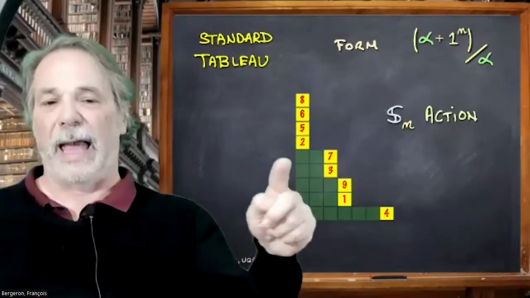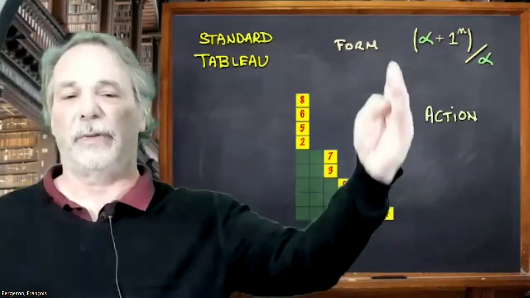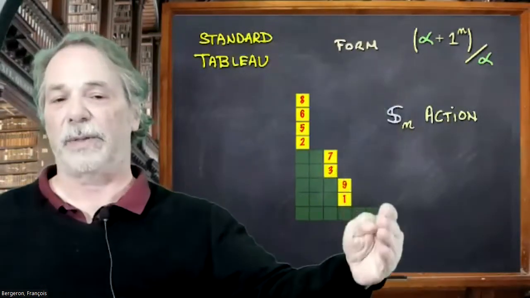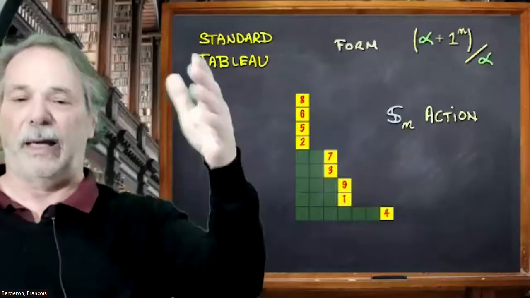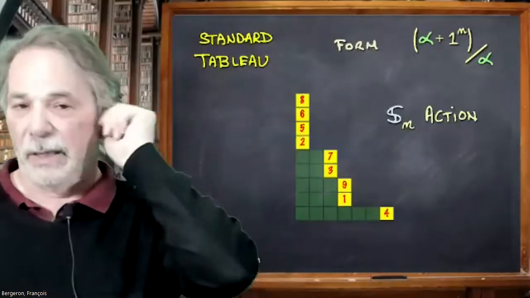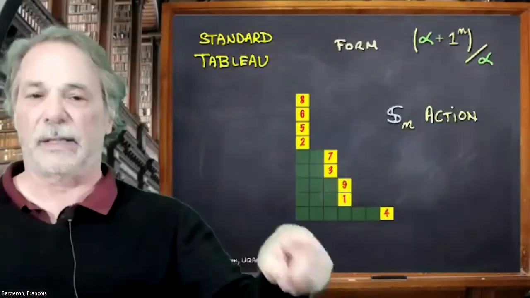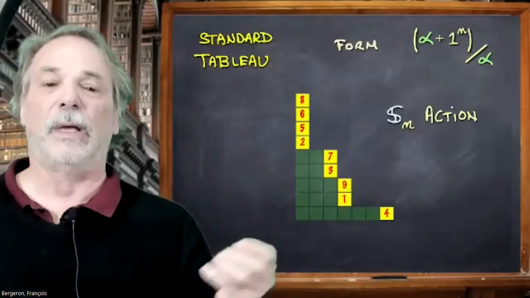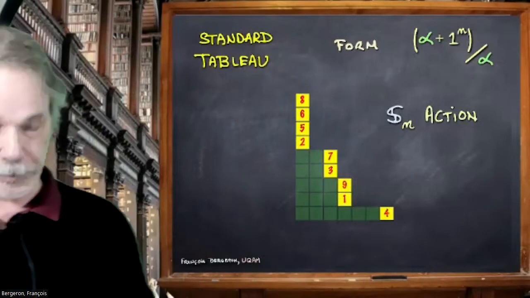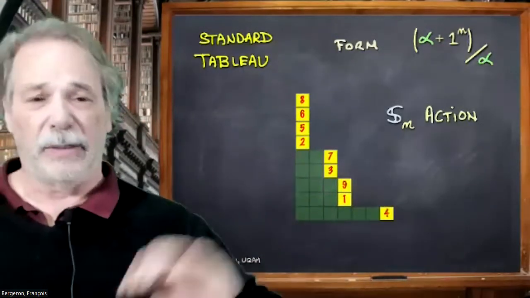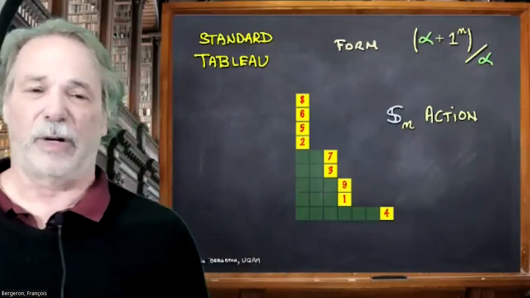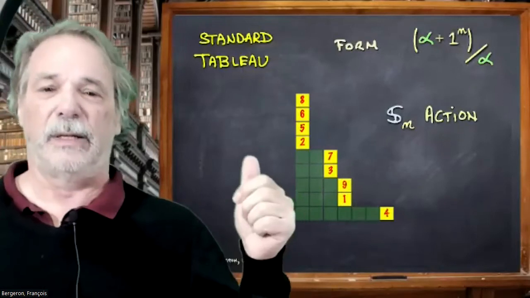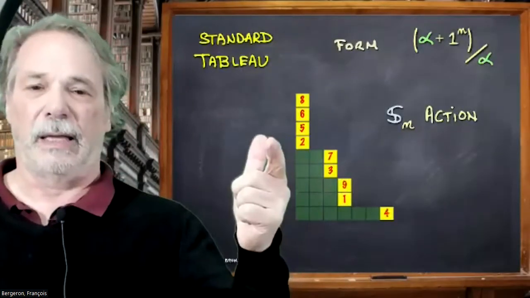So if you add to the green a column of yellow cells, push them like this, and then remove alpha, you get a shape like this, and if you consider standard Young tableaux of it, these are parking functions. So we don't need the terminology parking function if we deal with partitions and standard Young tableaux.